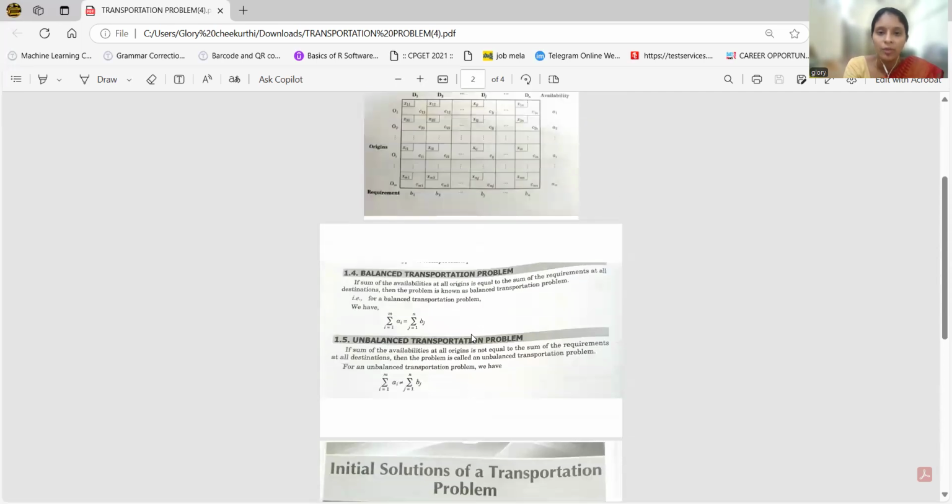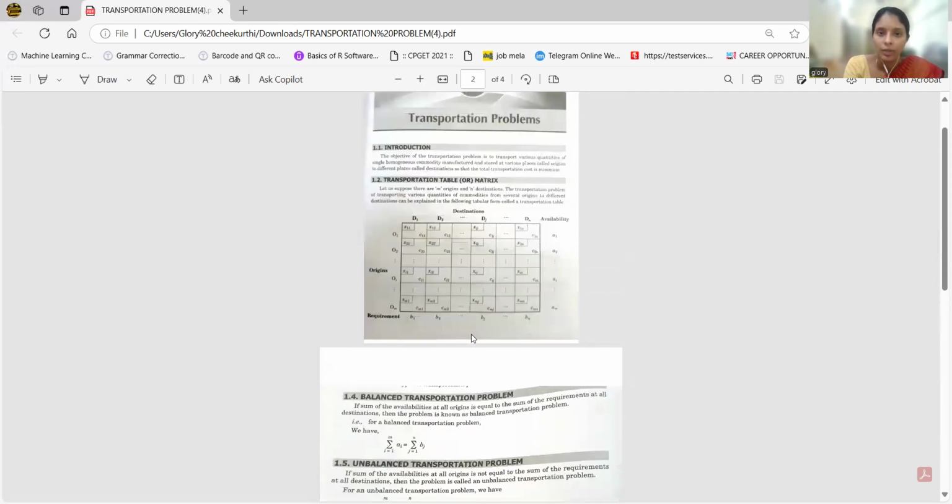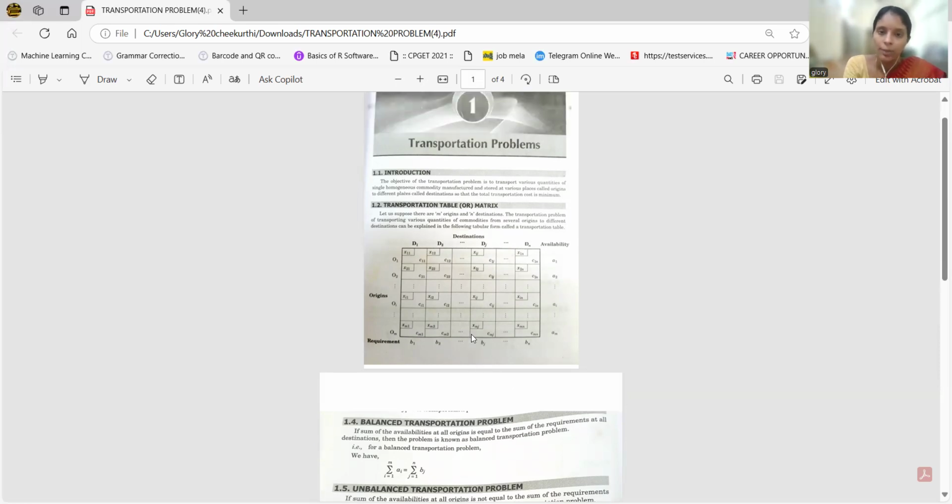The main objective of transportation is to transport various quantities of commodities from various origins to various destinations in order to minimize the transportation cost. To find basic feasible solutions, there are various ways, and Vogel's approximation method is the best method for finding an initial basic feasible solution.